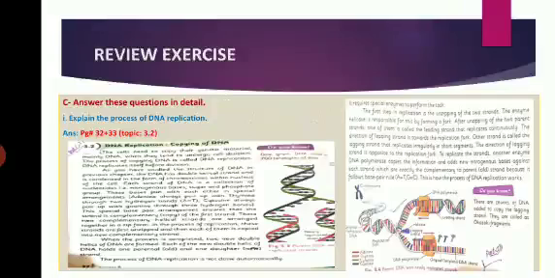The first question is, explain the process of DNA replication. The answer to this is on page number 32 and 33 of your book, and the topic is 3.2. You have to learn the complete topic 3.2 from page number 32 to page number 33.